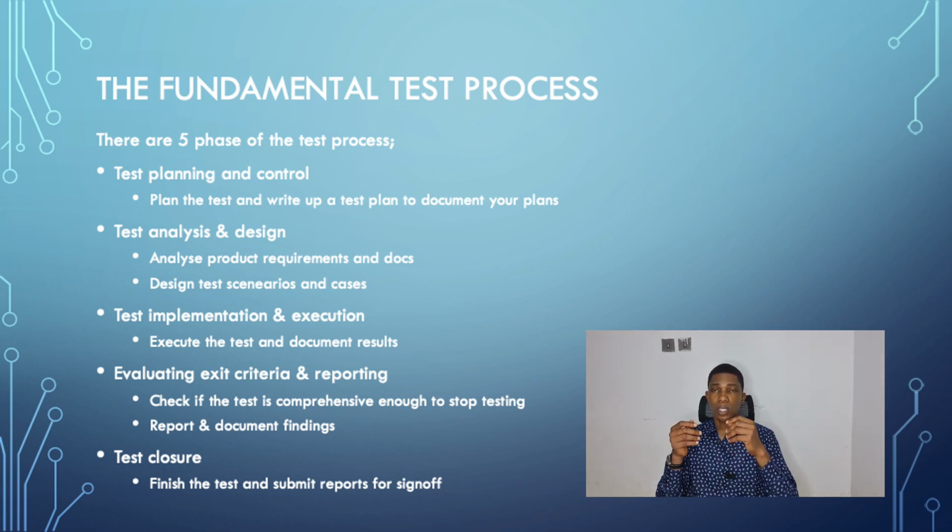The test scenarios and test conditions that were designed after looking at the requirements, you begin to implement and execute across the product and record the results. In this scenario, you run a test using the test cases and test scenarios identified and documented, and you record the result, whether that scenario passed or failed.